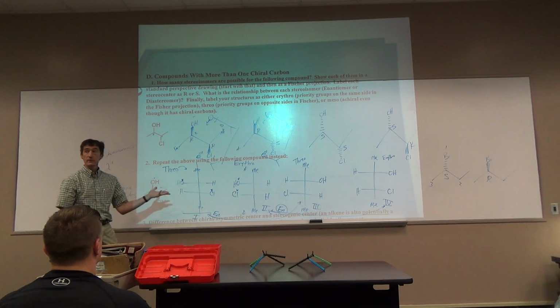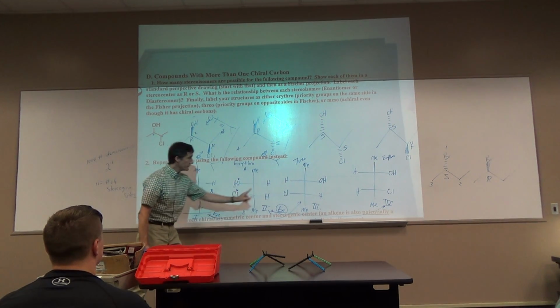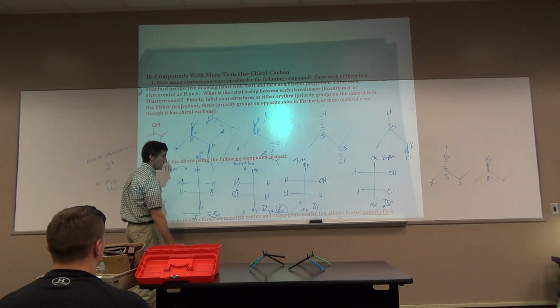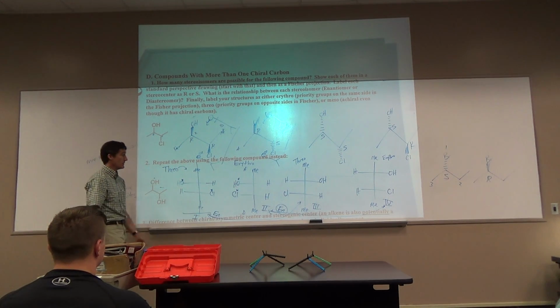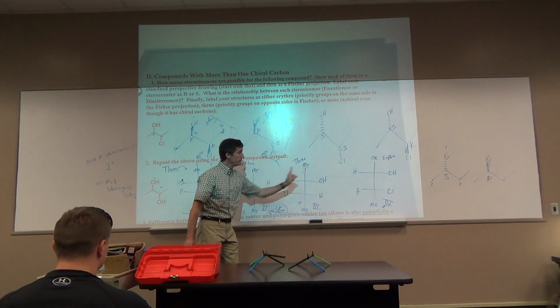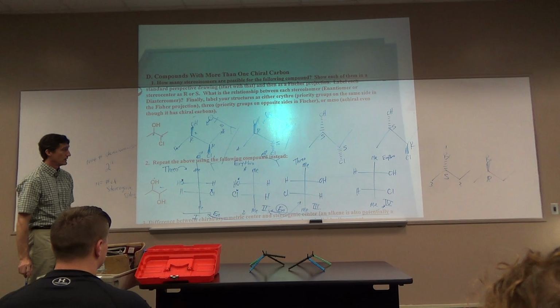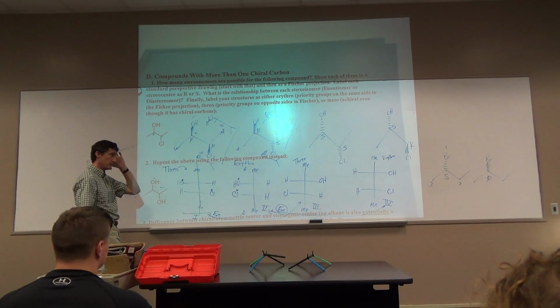No. No plane of symmetry. The mirror image should be different. 1 and 3 are enantiomers. 1 and 3 is called a DL pair, because one will rotate light one way and the other will rotate light the other way. 2 and 4 is a DL pair. You've got two DL pairs up here.